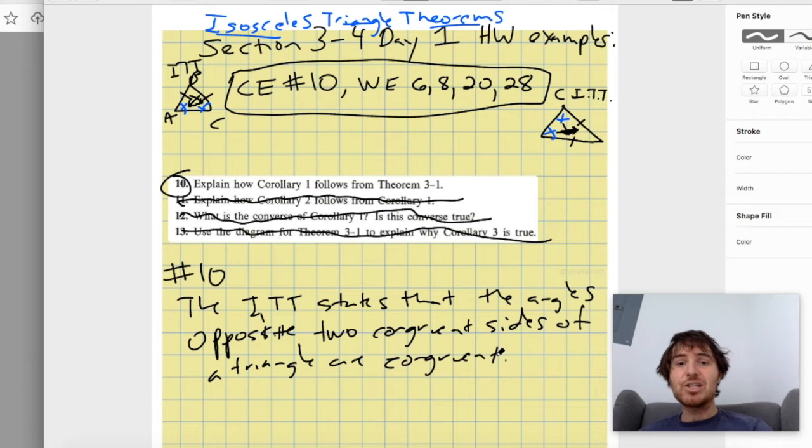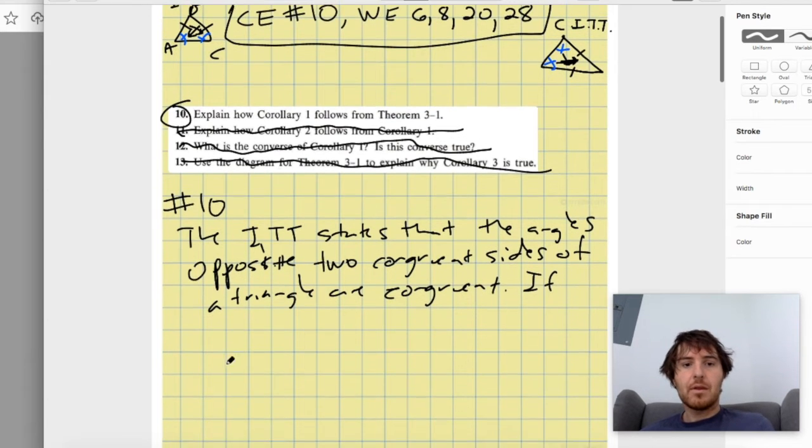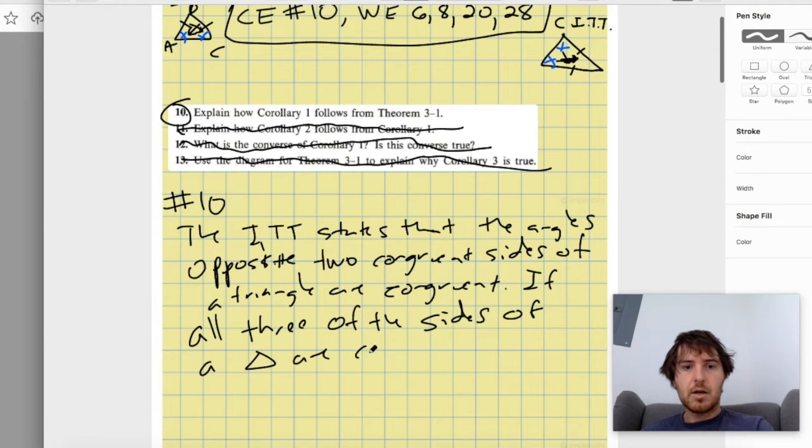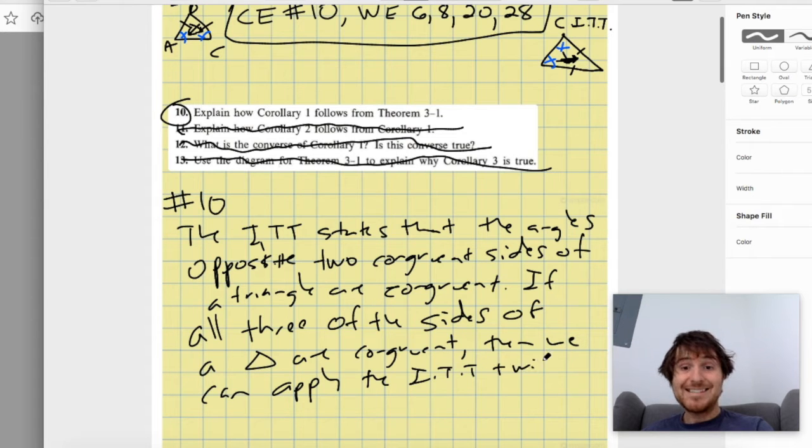So, extending that logic right here, if all three of the sides of a triangle are congruent, then we can apply the ITT twice.